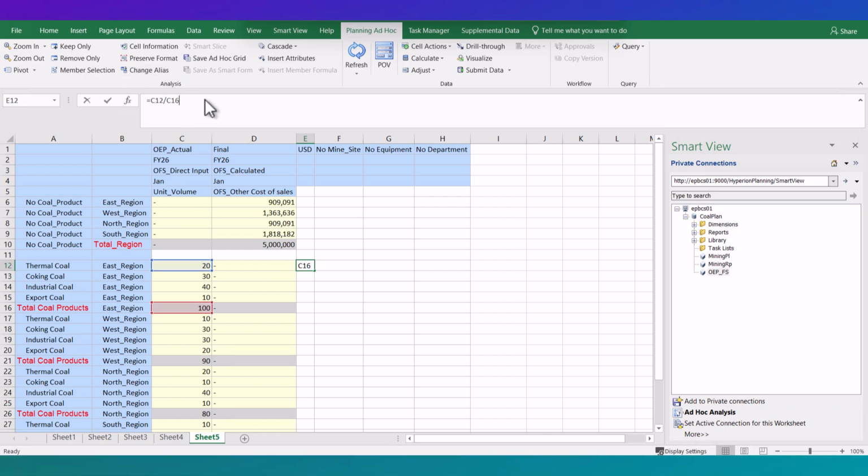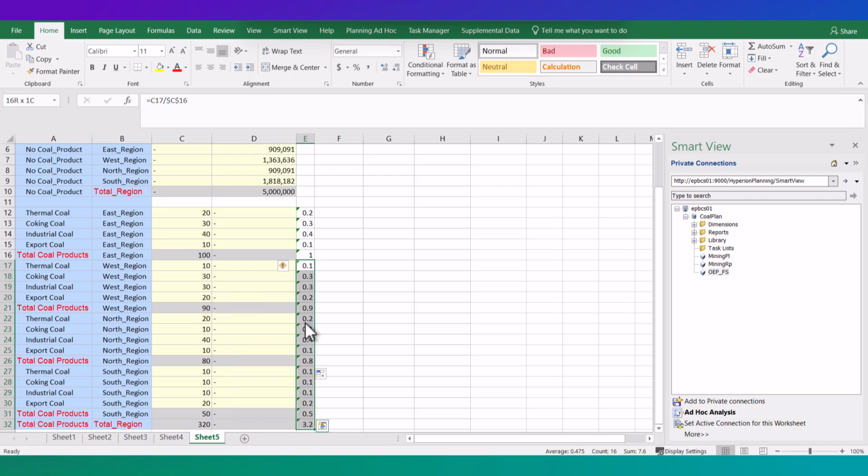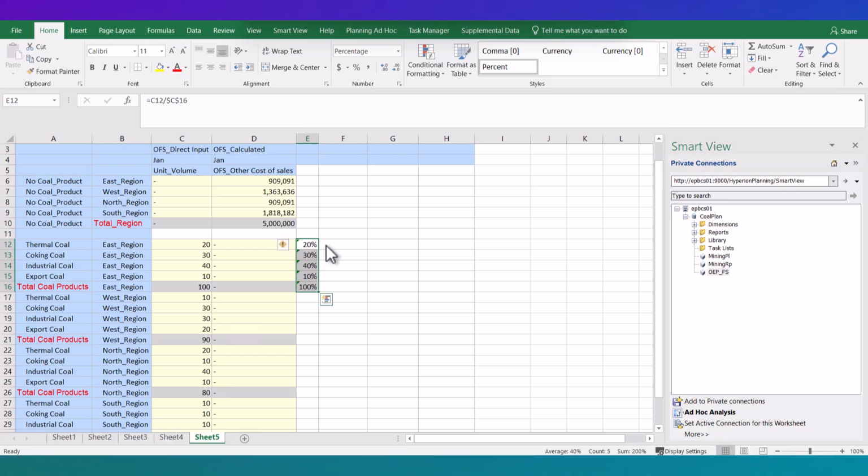So let me fix this as well. And if I drag and drop and change it to the percentage, this is wrong because it has to go to its respective total product, right?